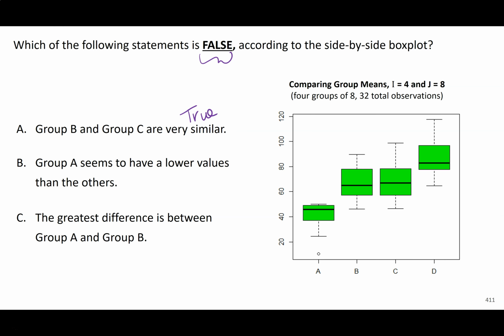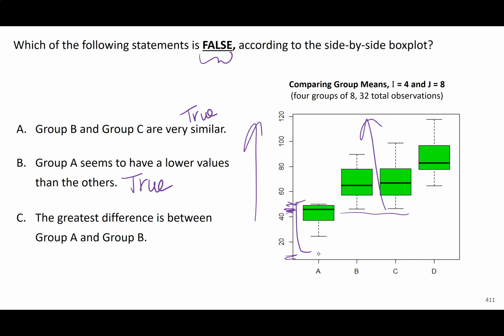Group A seems to have lower values than the others. If you look at group A, absolutely it does have lower values, because it's ascending this way. It goes from under 20 to maybe around 50. All the others are at least 45 and higher. So this is also true.